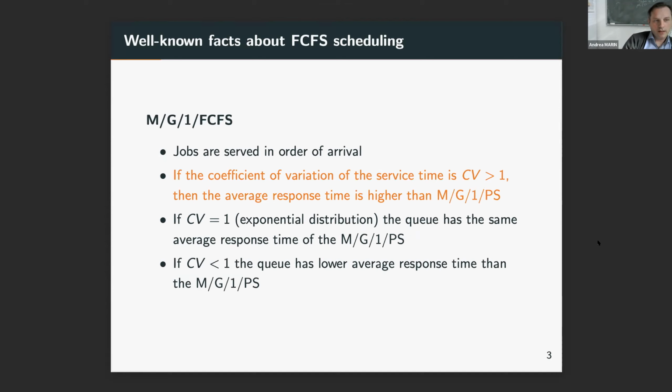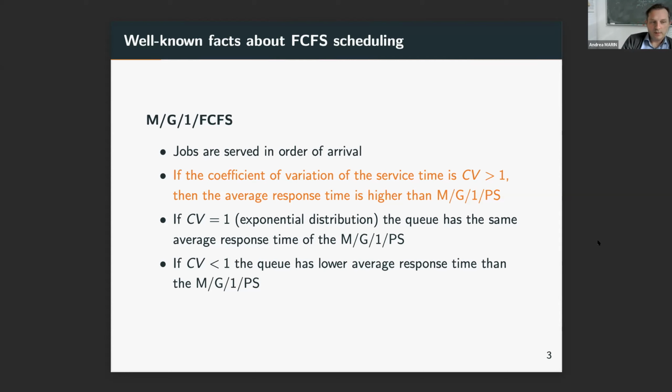If we consider a queuing system with FIFO discipline, so the jobs are served in the order of arrival, we know from the theory of queues that if the coefficient of variation of the service time is greater than that of the exponential distribution, then the M/G/1 with FCFS discipline has an average response time that is higher than the response time of the M/G/1 equipped with a processor sharing discipline.